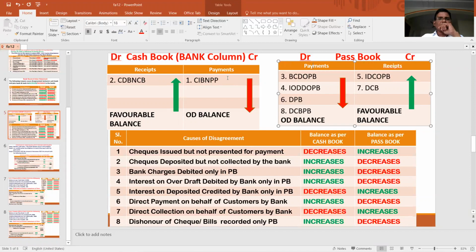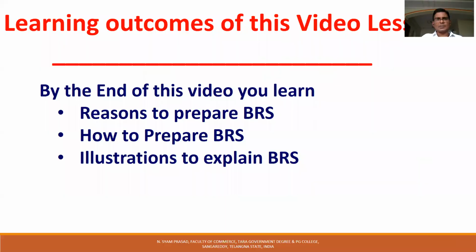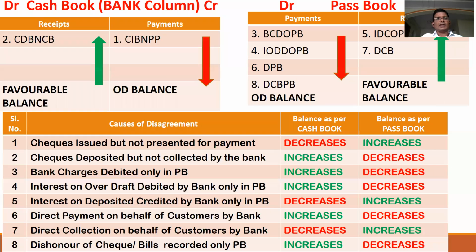So because when we issue a check, that is payment to a creditor, or payment to a supplier, automatically in the cash book payments, what happens? The cash book balance decreases.